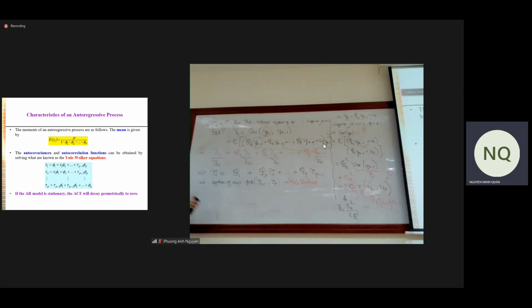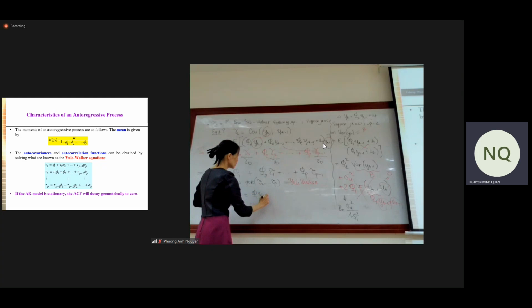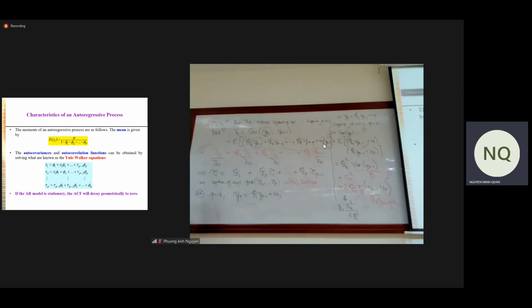Let's just take one easy example, p equal to 1. Then your equation will be y_t equal to phi_1 y_{t-1} plus u_t.